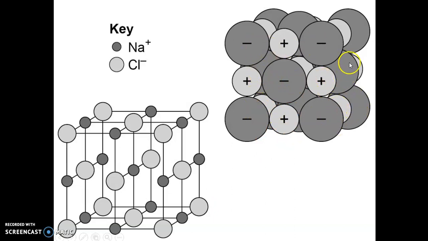That's why ionic substances often form crystals. So each of them is held together by an ionic bond, this attraction between the positive and the negative, in what we call a lattice structure. So that would be an example of sodium and chlorine, held together in a lattice. There's the positive sodium ions and the negative chlorine ions.